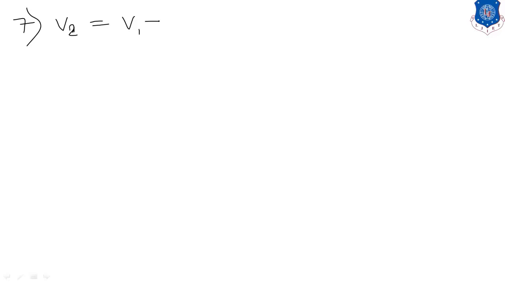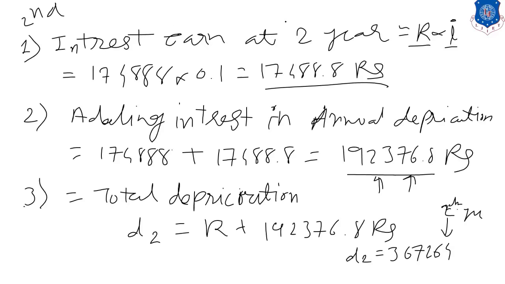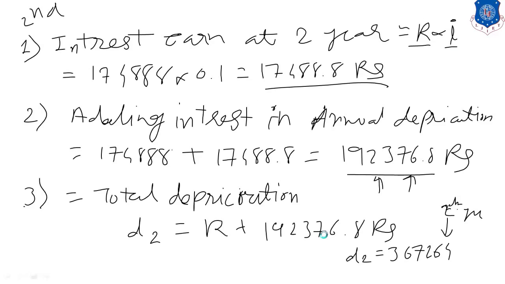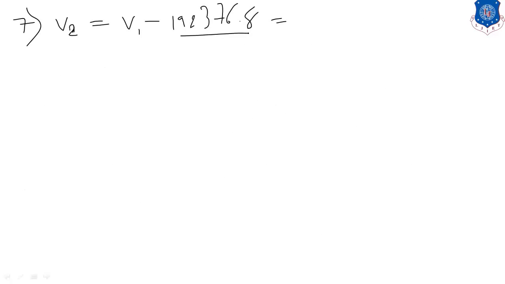That is V1, the book value of the first year, 22,25,112, minus this value, and we'll get 20,32,736 rupees. So this is the book value of the distillation column at the end of the second year.